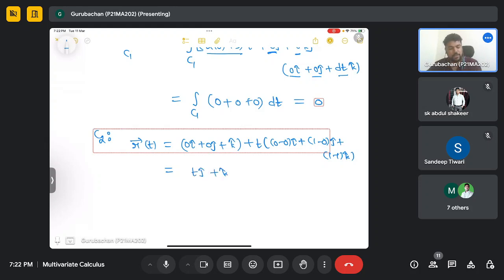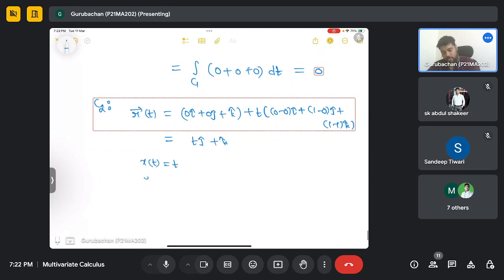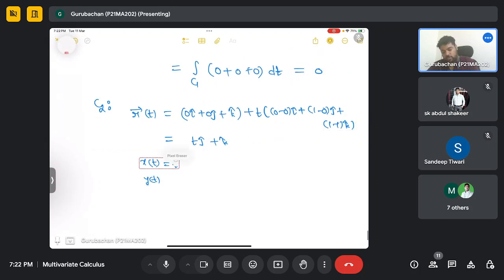You were saying this. So from here xt will be, I am writing step by step. The reason is because then you will get to know how to calculate this line integral. So this will imply dx to be 0, dy to be dt, and dz to be 0.